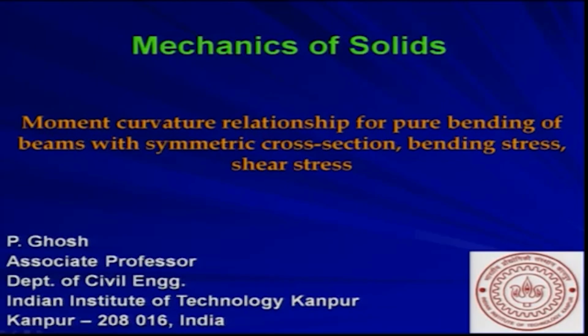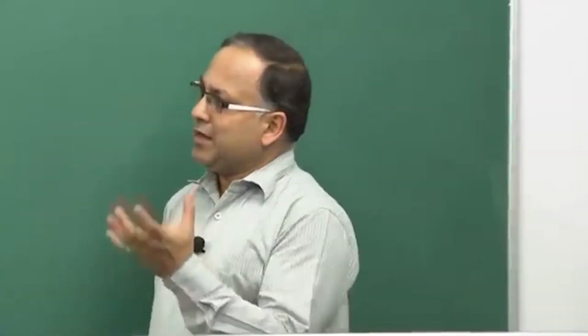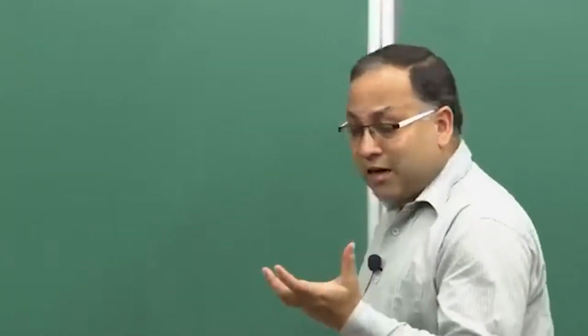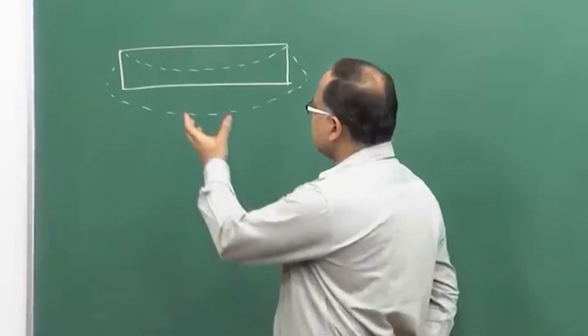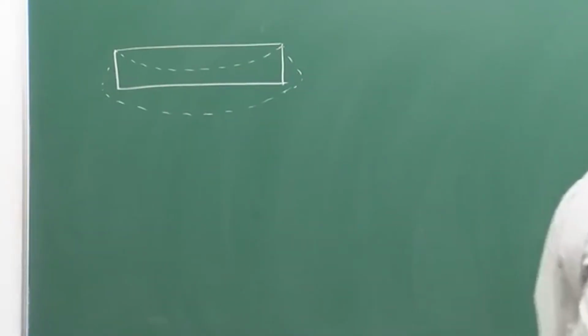After deformation it takes the curved shape. Therefore, it is a useful preliminary step to introduce the concept of curvature, because that curvature will define the deformed shape of the beam. So, let us talk about the curvature first.